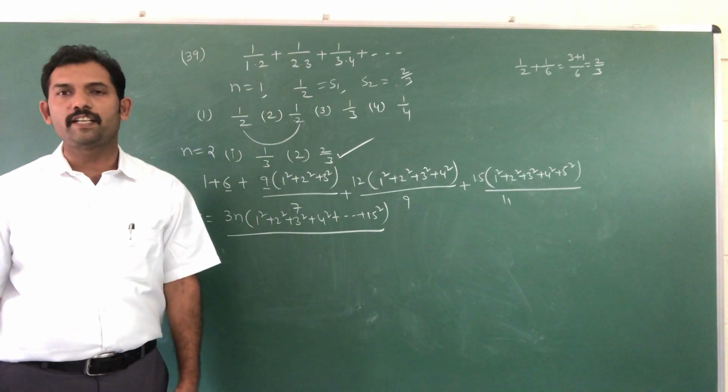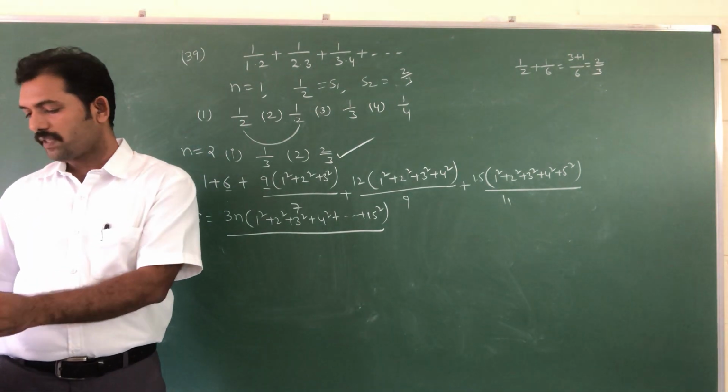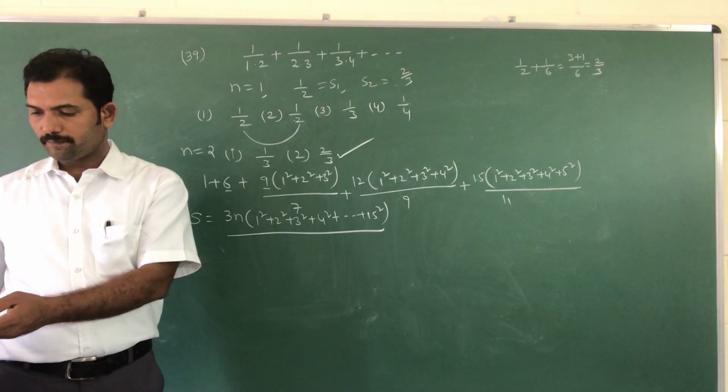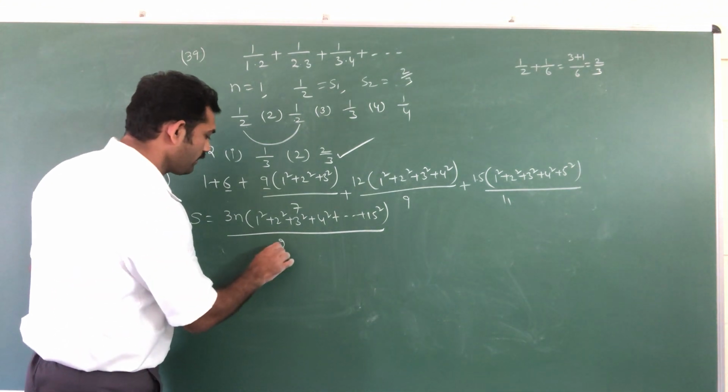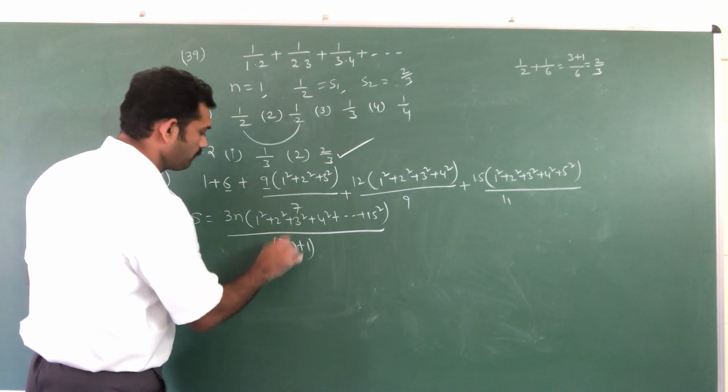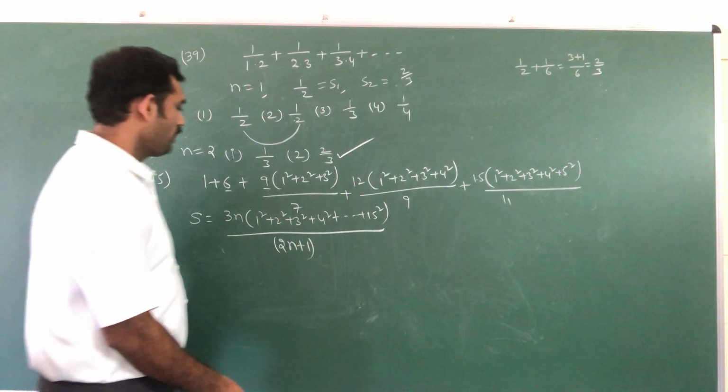So the nth term is 2n plus 1. Now apply that formula.